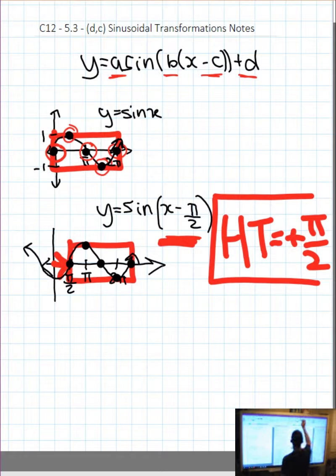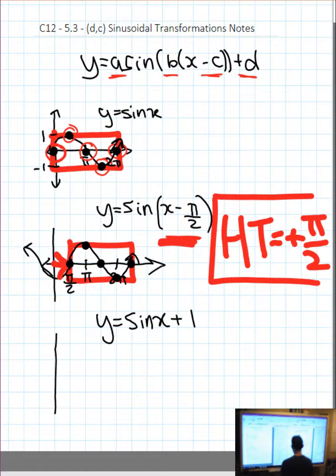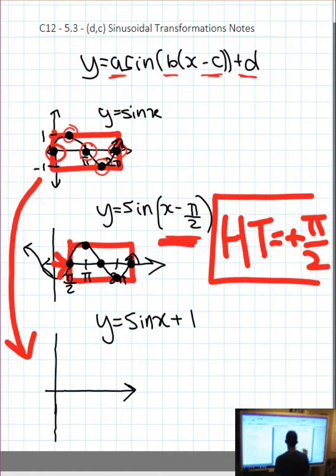So now we're going to take a look at another one. Y equals sine x plus 1. Well, remember, let's do it a little bit bigger this time, maybe 3 and whichever. Well, remember, big red, I'm going from the original, from sine x.